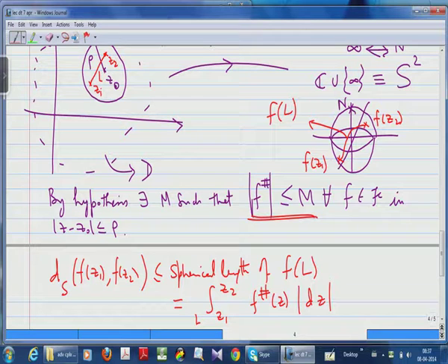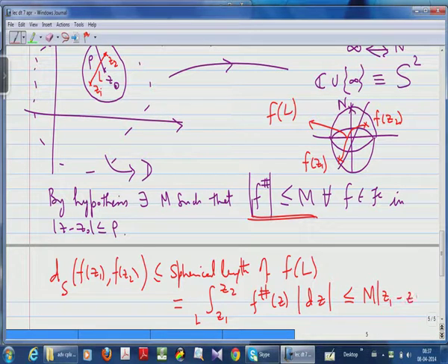So what I will get is that this is less than or equal to M times mod z1 minus z2, because I can replace f hash of z by M, as M is an upper bound, and the integral from z1 to z2 of mod dz along the straight line segment is just the length of that segment, which is mod z1 minus z2.